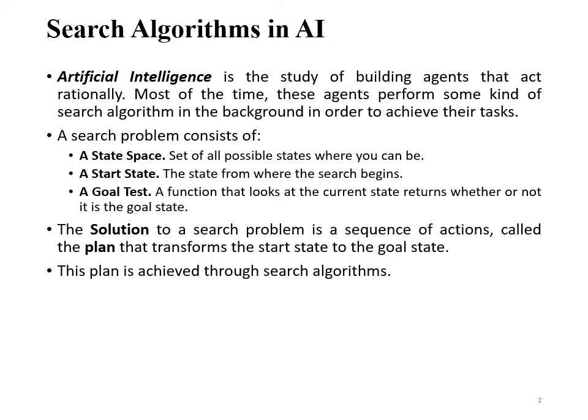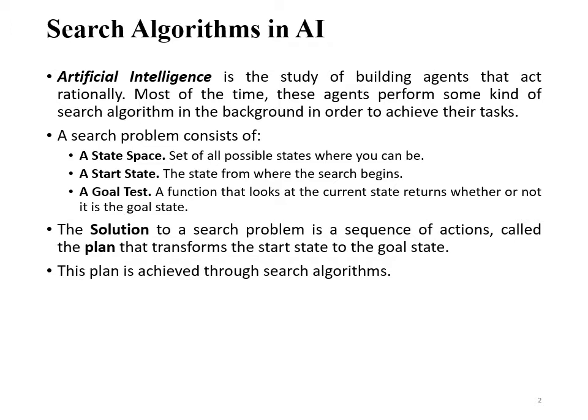The task may be to solve any kind of problem, like a chess problem, a tic-tac-toe problem, or any kind of gaming algorithm, or any problem which is not solvable by data structures in polynomial time or non-polynomial time. It can be solved with the help of these searching algorithms. The main aim of searching algorithms is to solve these kinds of problems.